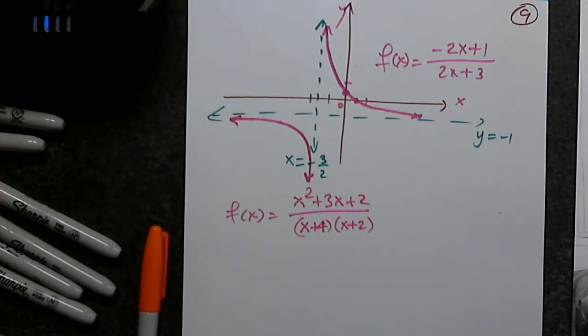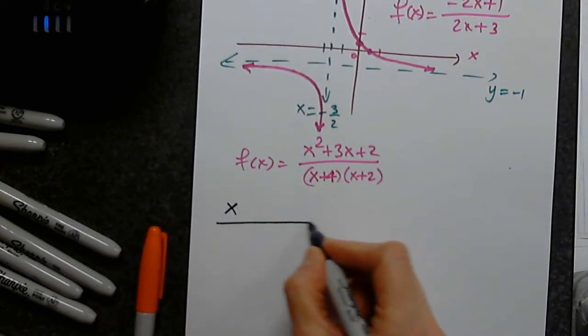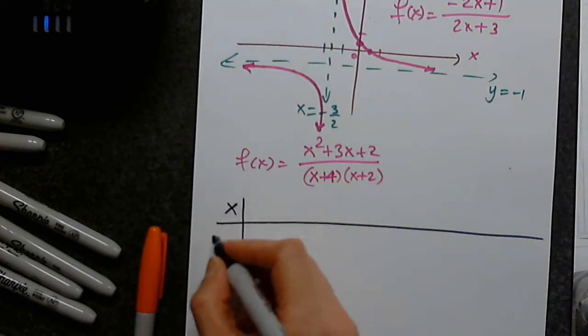Is this type 1? Yes, because the degree of the top is 2 and the degree of the bottom is 2. Very good. Now I'm waiting for you to give me the domain of this function.